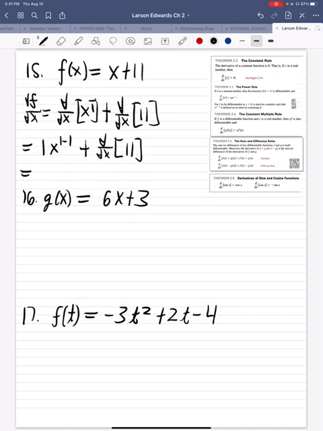So what's 1 times x to the 0 power? Well, anything to the 0 power is 1. So it's 1 times 1 plus, from the constant rule, the derivative of 11 is 0. So the derivative of this expression is 1.